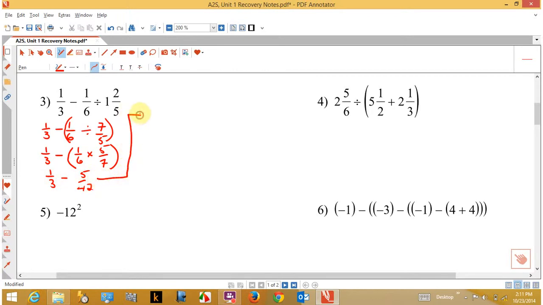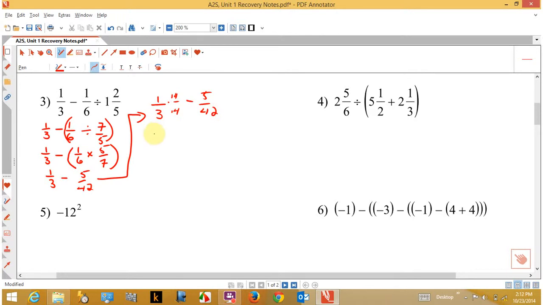So to do subtraction, I have to have a common denominator. So what I'll do is I'll move to the denominator of 42. That would be a common denominator. So the 1/3 would have to multiply both the numerator and the denominator by some number that gives me 42 as a denominator. And that would be 14. So times 14 over 14 minus 5 over 42.